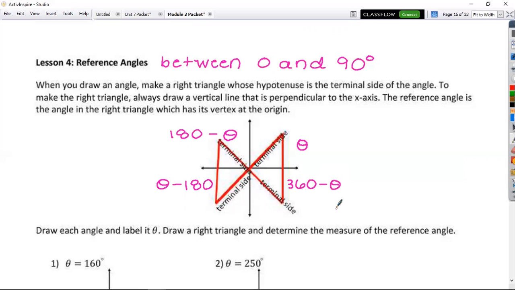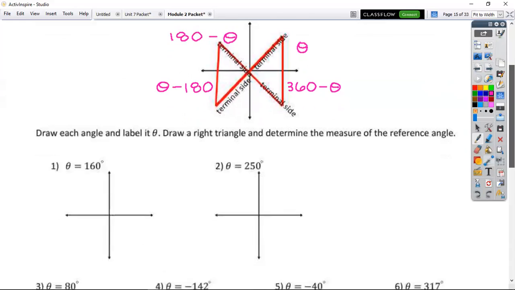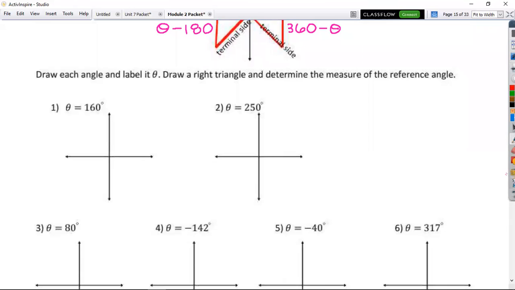All right, so below, we are going to draw each angle and label it theta. Draw a right triangle and determine the measure of the reference angle. All right, 160 degrees is going to terminate where? Quadrant 2. So I draw it like that.